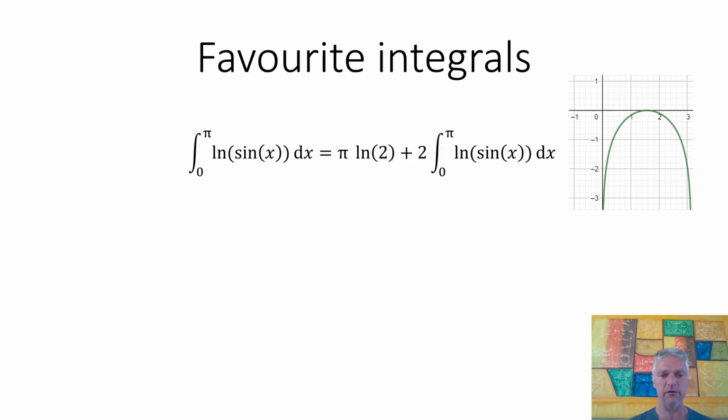The original integral must be equal to pi logarithm of 2 plus 2 times the original integral. And as a result, we now have that the original integral must be equal to minus pi logarithm of 2. So now we have arrived at the outcome of this integral.